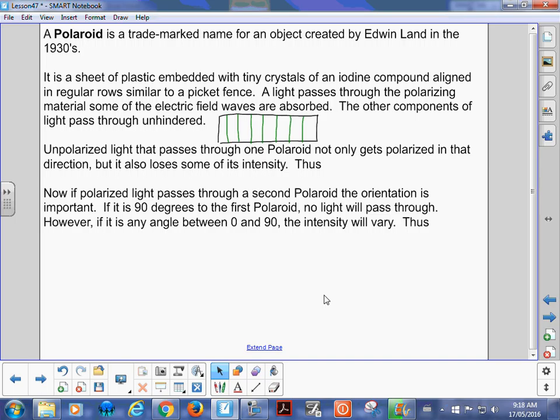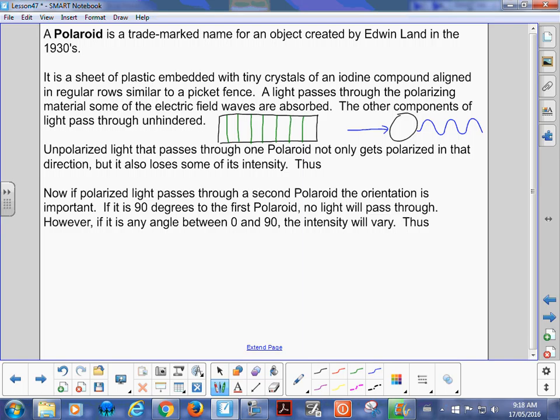Some of the electric field waves get absorbed by the material, and others can pass through unhindered. So unpolarized light that passes through a Polaroid gets polarized in one direction. If it passes through one Polaroid, then it is polarized in one direction, but it loses some of its intensity, because some of the electromagnetic waves are absorbed.